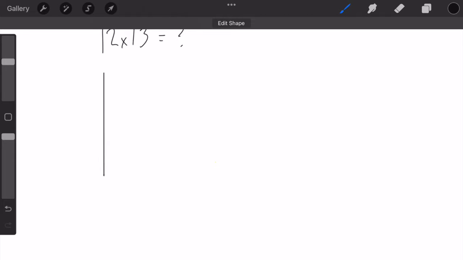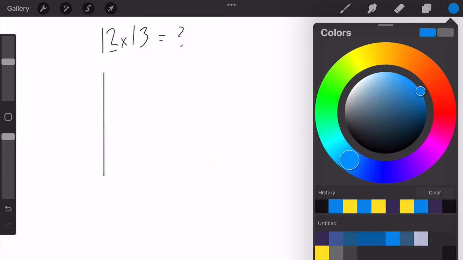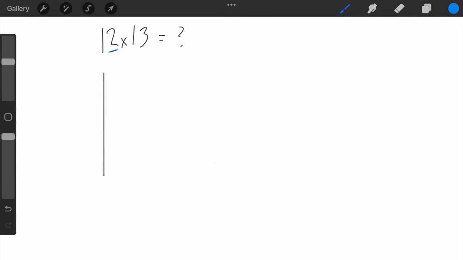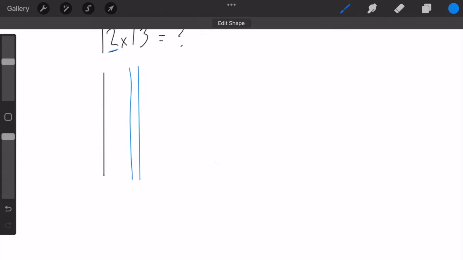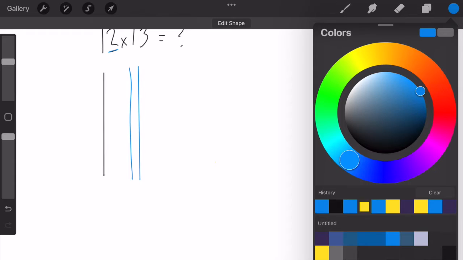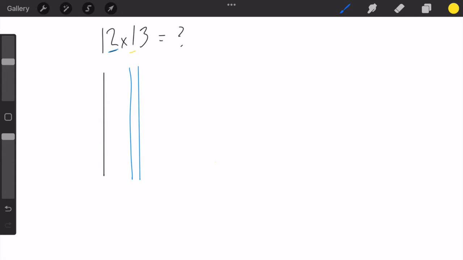And then we want to go over to the next column, which in our case is the 2. We might color code this just to make it easier. And we want to draw 2 lines on their own, separate from the tens column. These are the ones column lines. And then we have the ones column for the second number.